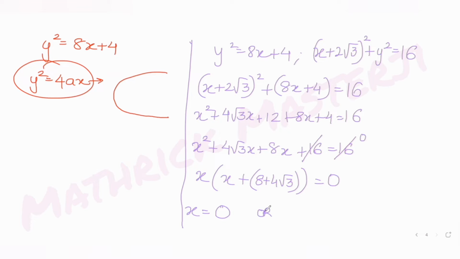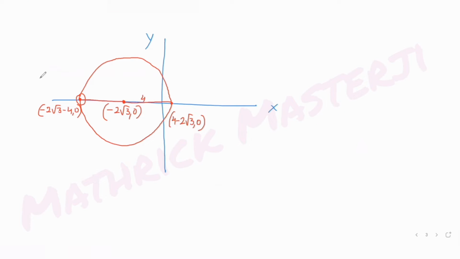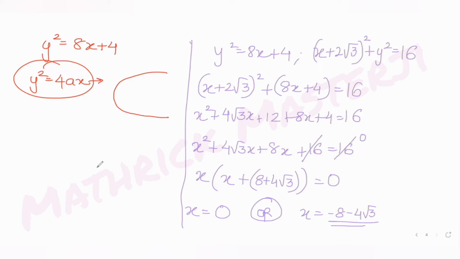One is 0 or the other is x equals -8 minus 4 root 3. Now 4 root 3 is 1.7 times 4, which is 6.8. And -8 and -6.8 will be -14 somewhere. So -14 is outside this circle, so I don't get that point of intersection. So I will reject this value of x, and the only value of x that I get here is 0.